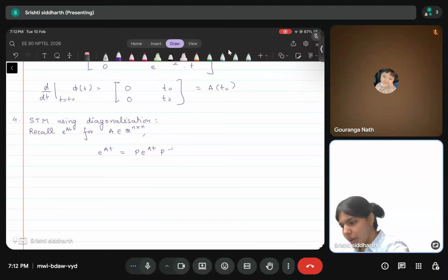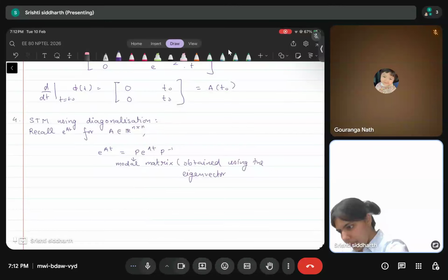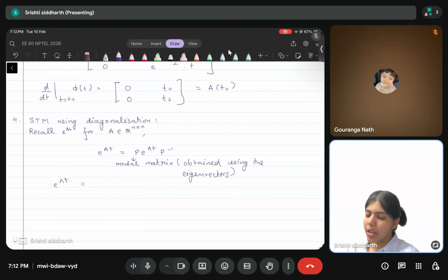P is the modal matrix, which is obtained using the eigenvectors, and e to the power Lambda t is constructed using the eigenvalues of the matrix A. So let's say there were n eigenvalues for an nth order system, and all of them are distinct.